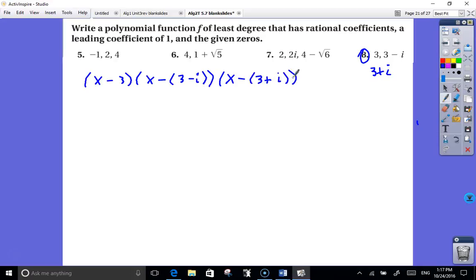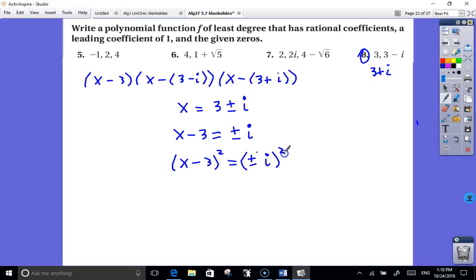Again, you could distribute the minus and make a 3 by 3 grid, or you can do this. X equals 3 plus or minus i. Subtract 3. X minus 3 equals plus or minus i. Square both sides. X minus 3 squared equals plus or minus i squared.